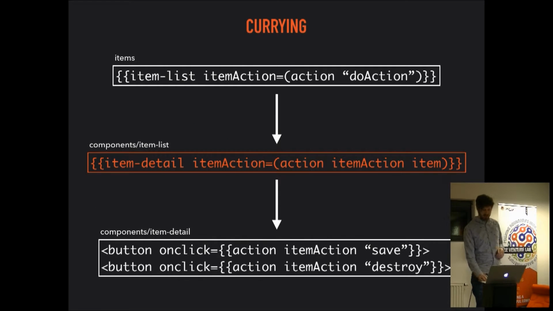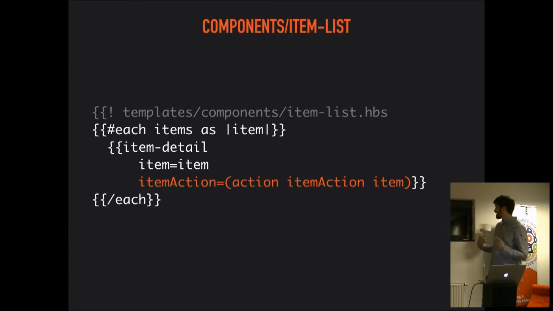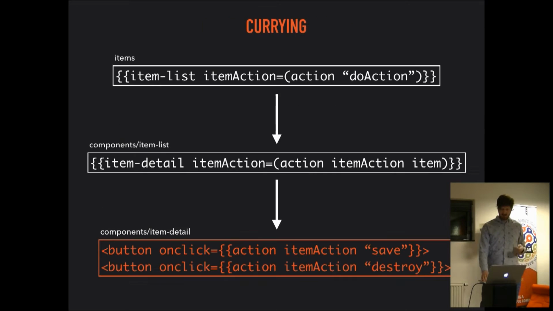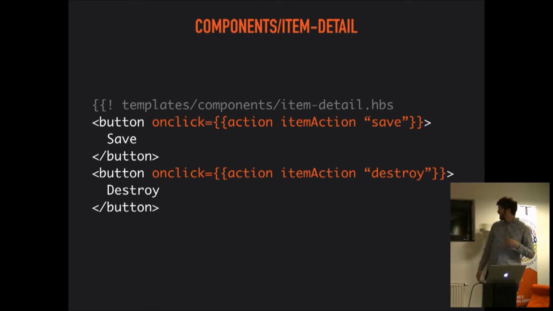And then we have the item list, which is again just this thing that iterates and renders the item detail component and just passes the item action with the item as a param. And then we have the item detail, which has 2 buttons, one with onclick action item action save, and the other is onclick action item action destroy.